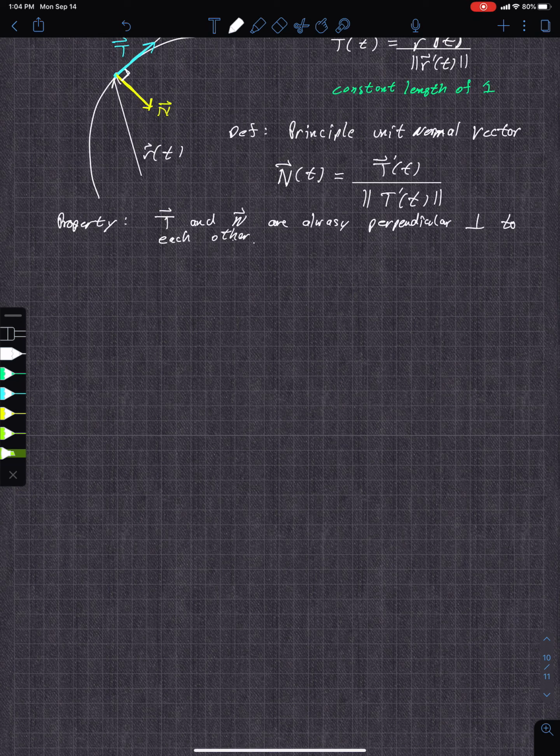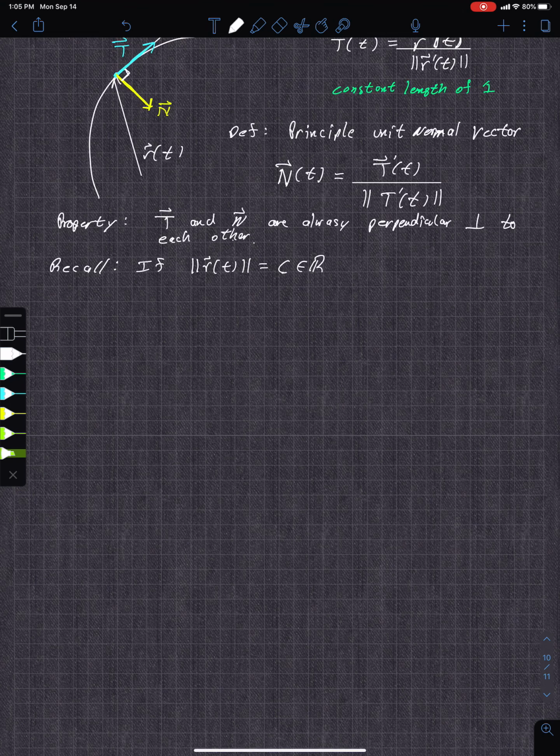Recall from the last couple of sections that if the magnitude of r of t is constant, and normally it changes, right?